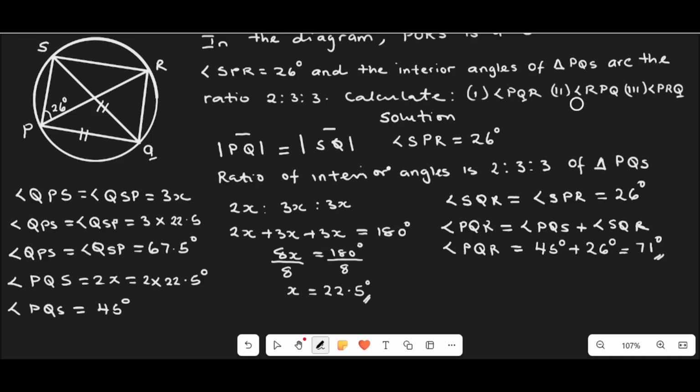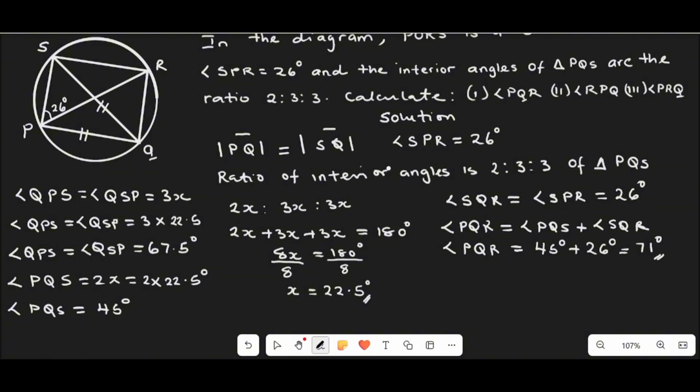Now let us find angle RPQ. Angle QPS is the summation of angle SPR and angle RPQ.